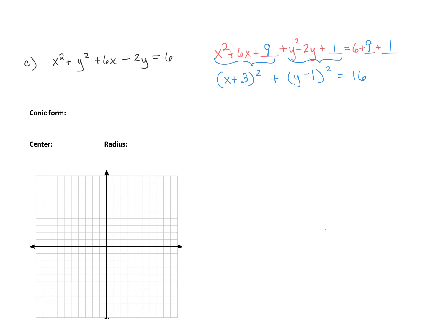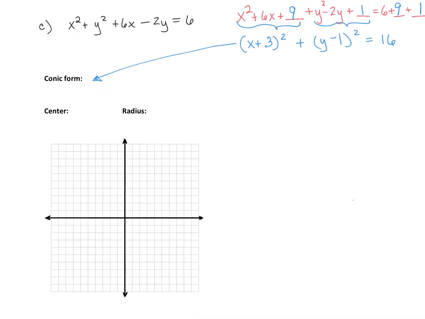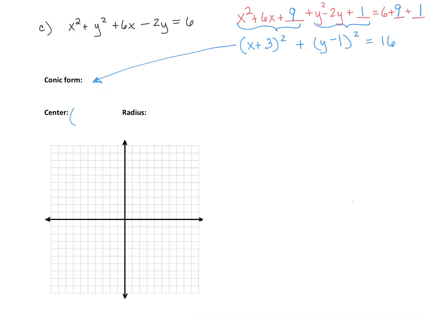So this is our conic form of the circle, or our standard form. The center is (-3, 1), which is right here, and our radius, since r^2 is 16, is 4. So we'll go 4 in each direction, and then we'll sketch our circle.